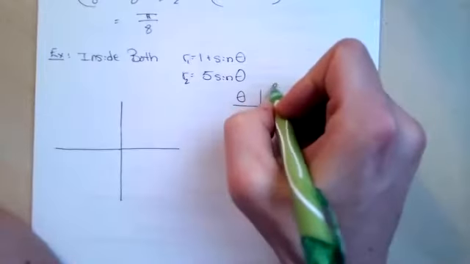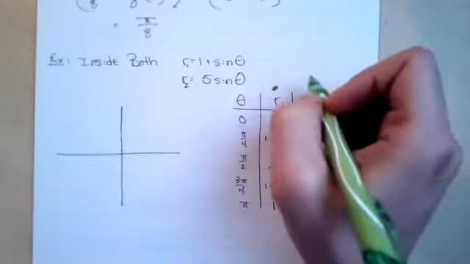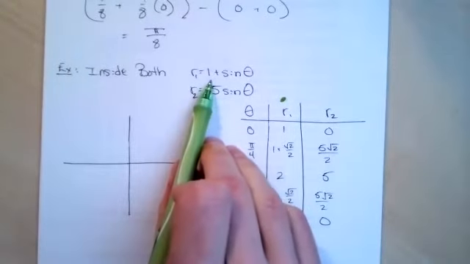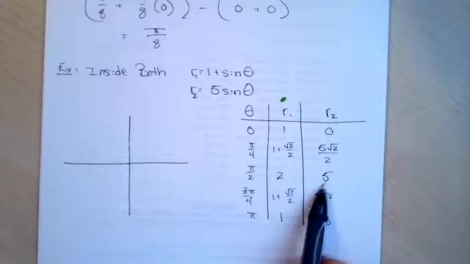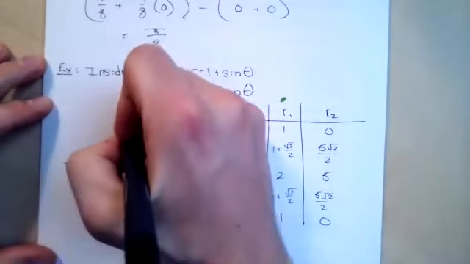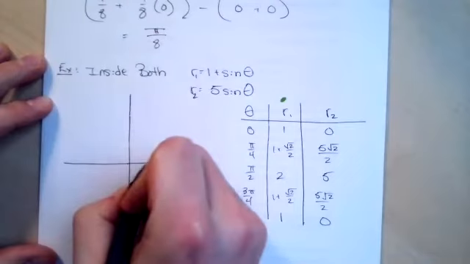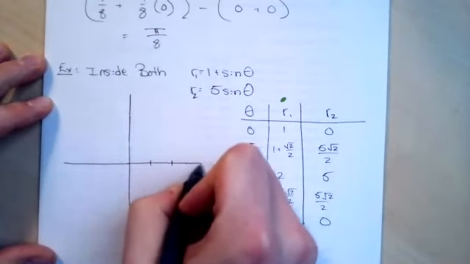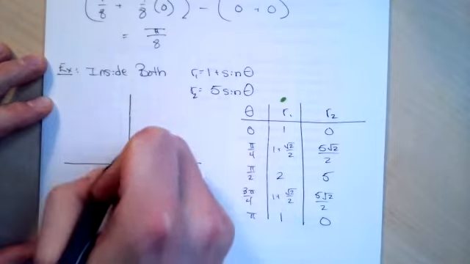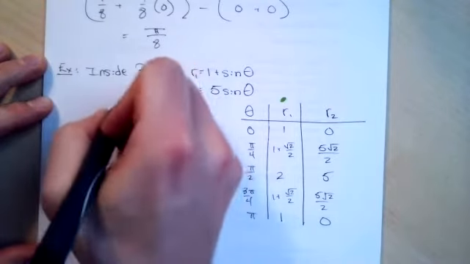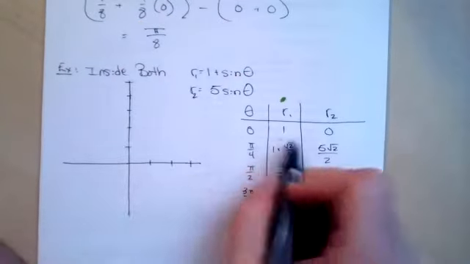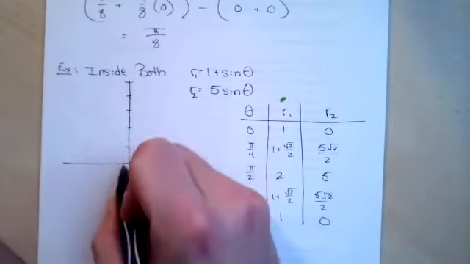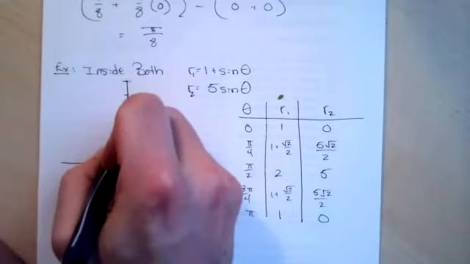Let's draw R1 in green. I think we actually drew this yesterday, or at least something similar. Since our biggest value is going to be about 2, oh no, we've got to go out to 5. Maybe we need a bigger axis, at least vertically. So R1 is going to be at 1. At pi over 2, it's going to be at 2.